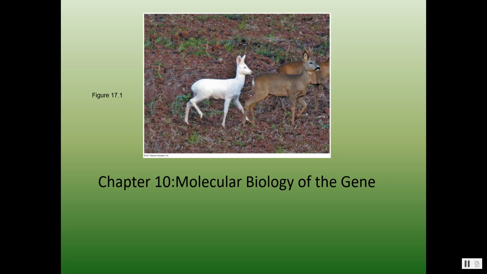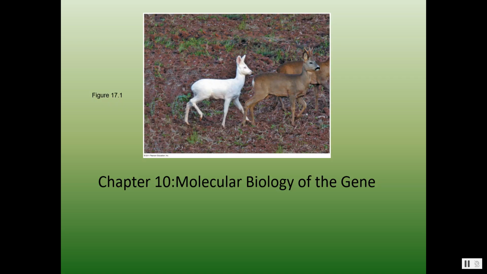But how does the gene for purple turn into actual physical purple pigment? How does that happen? That's what we want to talk about now. We want to talk about the mechanism by which the cells take the gene and create the purpleness.